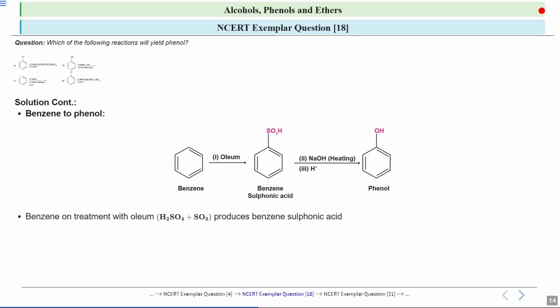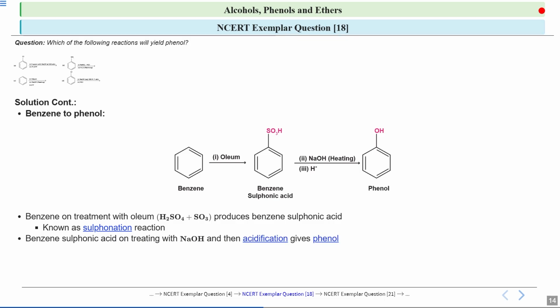So sulfonation is a common method which is used to introduce functional groups into aromatic compounds. This is known as the sulfonation reaction. So benzene sulfonic acid, on treating with NaOH and then acidifying, gets converted to phenol.